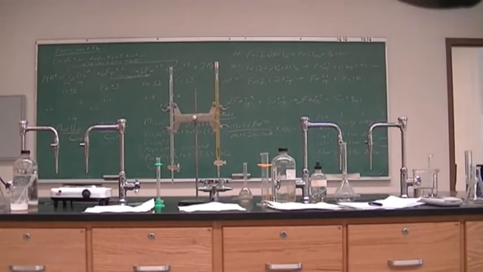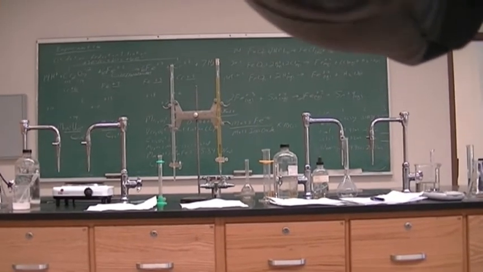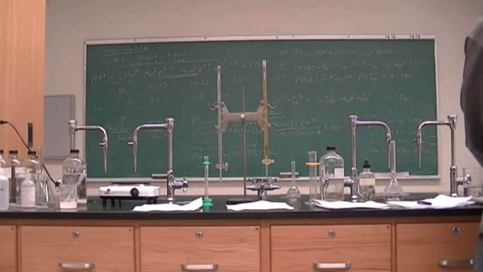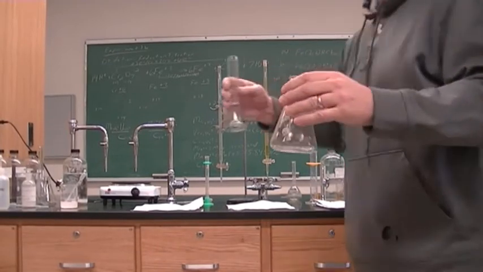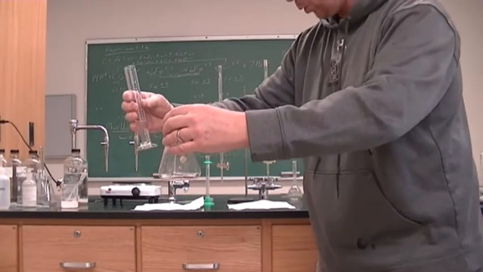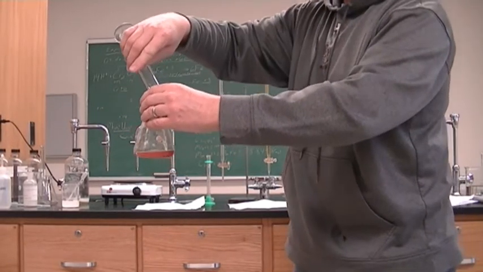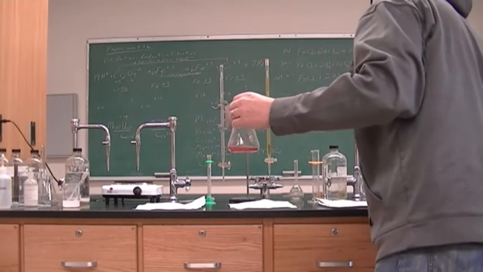Now we're going to add 20 mL of acid. So here is my 6 molar HCl. And so I add 20 mL of 6 molar HCl.